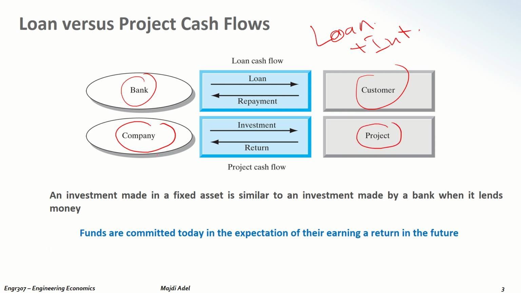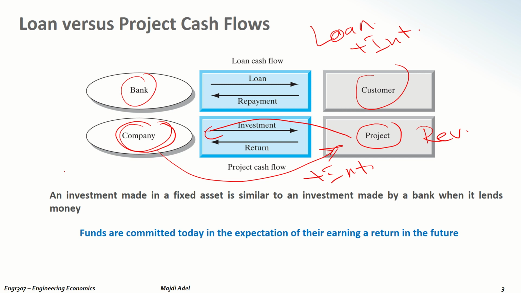The company will give the money to the project and the project will generate what we call revenue. Okay? And the project will repay the loan plus what? Plus interest. Why plus interest? If the company puts this money in any investment, let's say in the bank, it will expect a certain rate of return, a certain interest.